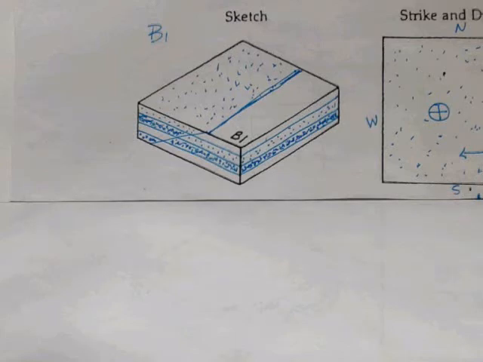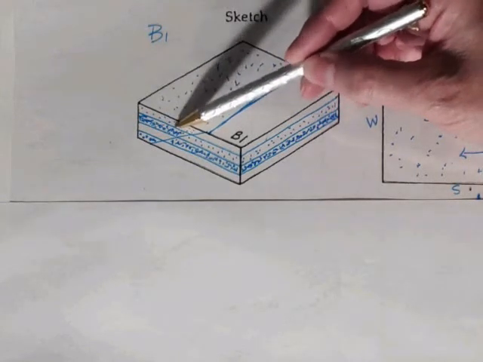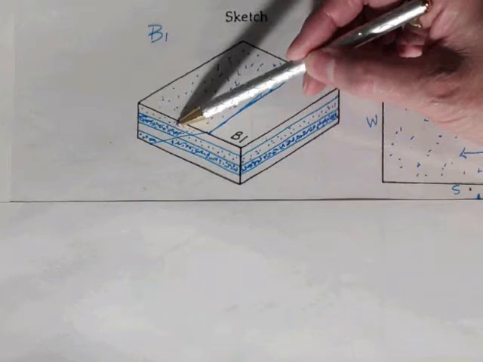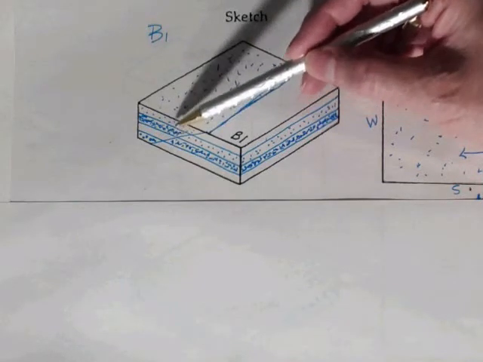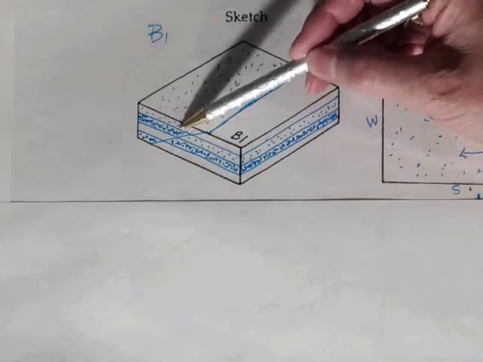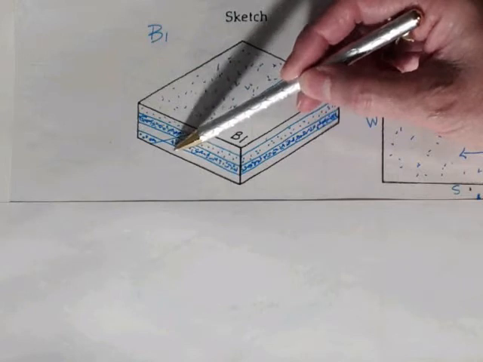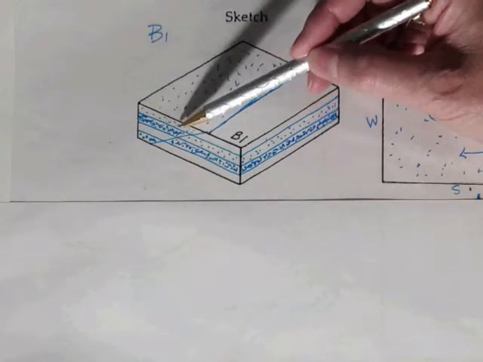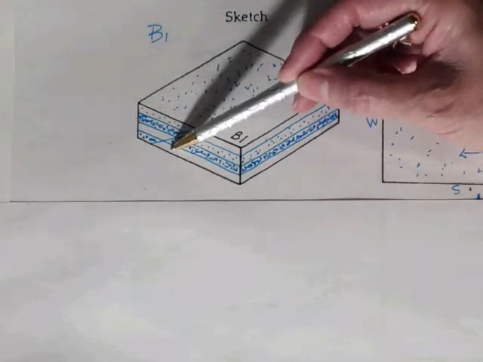Remember how we used the little miner's face, his head up here, that's the hanging wall on this side of the fault where he would hang his lantern, and down here where his feet would be. So if you have to draw your little stick figure person, his head up here and his little stick feet down here on this side of the fault, do that. It really does help. So we've got the hanging wall up here and the foot wall down here.